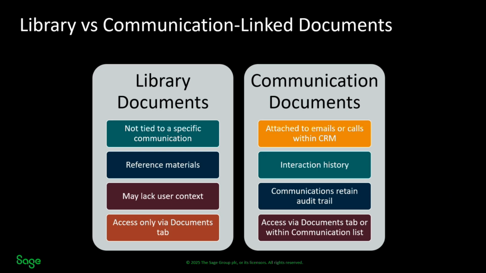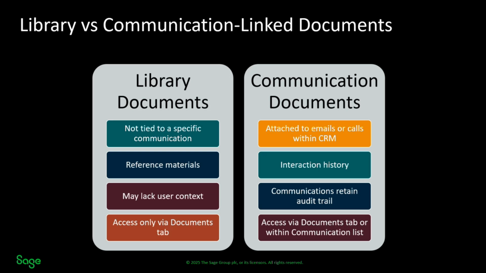And the two big divisions that we've seen for our experience of Sage CRM is that one, we've got library documents that are not tied to a specific communication. That's typically used when they're reference materials.